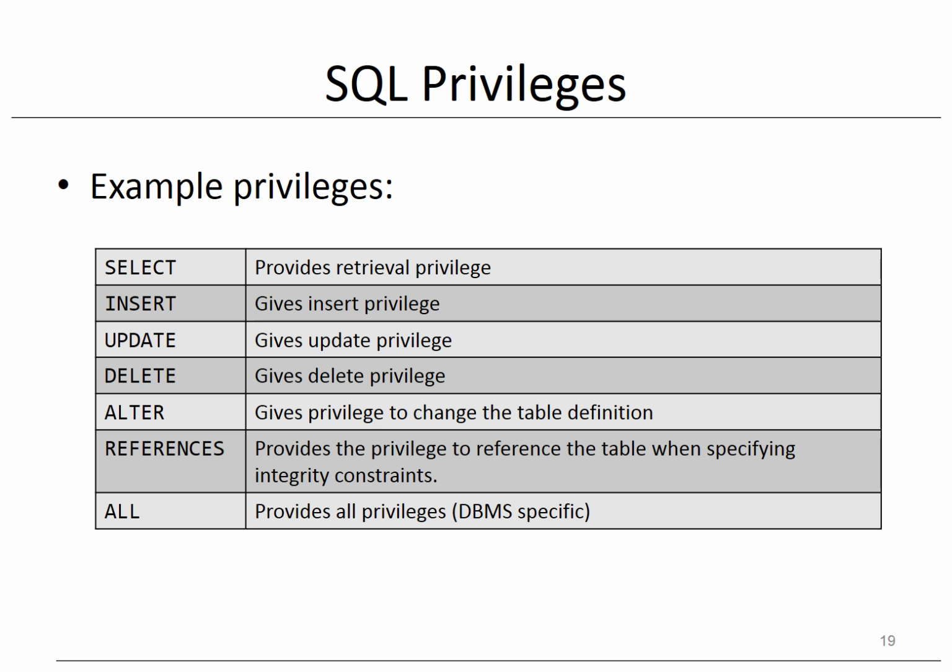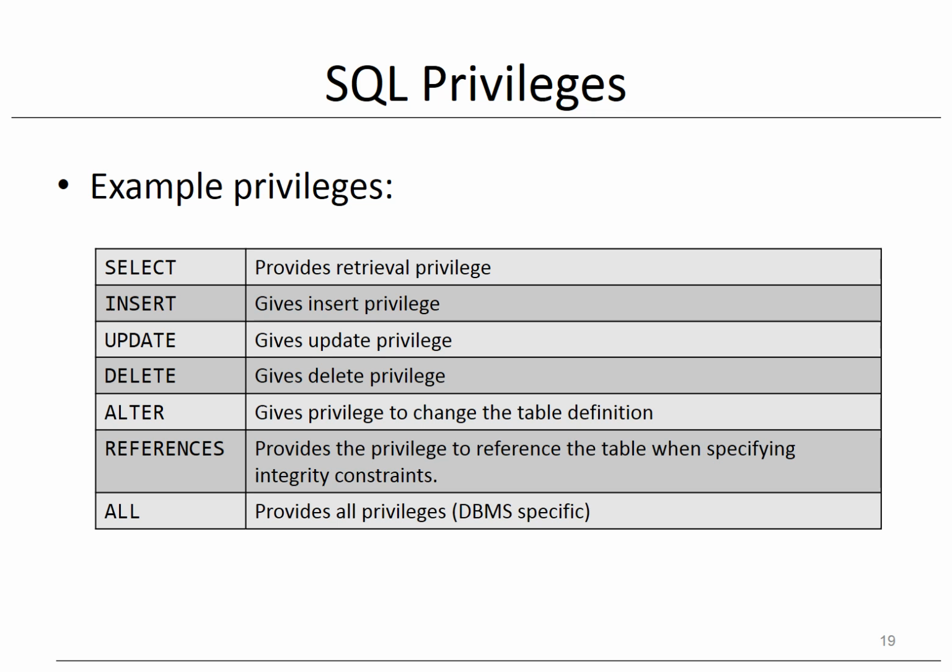Here you can see some popular privileges listed. Select provides retrieval privilege. Insert gives insert privilege. Update grants update privilege. This can be further refined by specifying column names. Delete gives removal privilege. Alter provides the privilege to change the table definition.